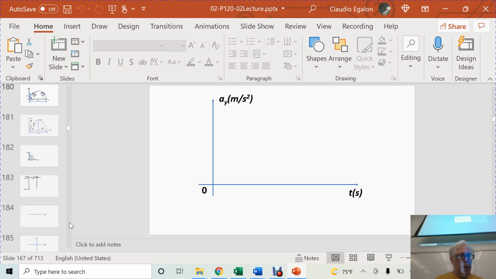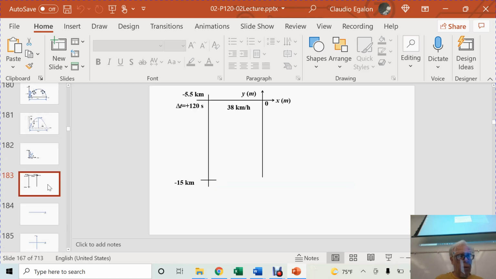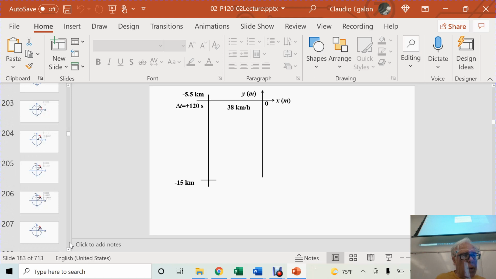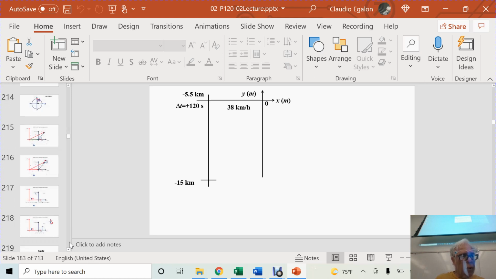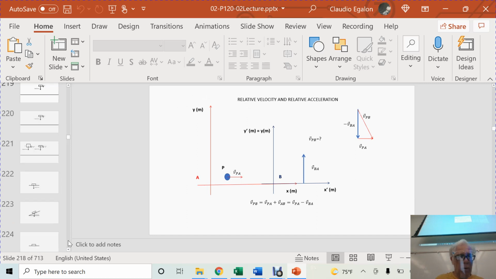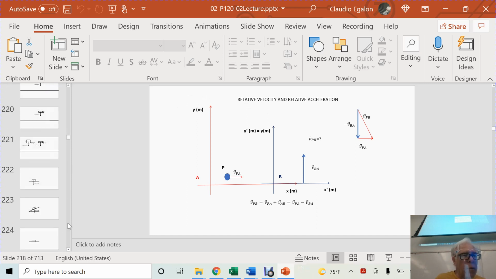Okay, yes, projectile motion. Okay, circular motion. Okay, this is relative motion and forces, right?